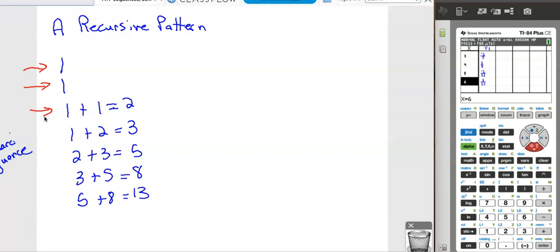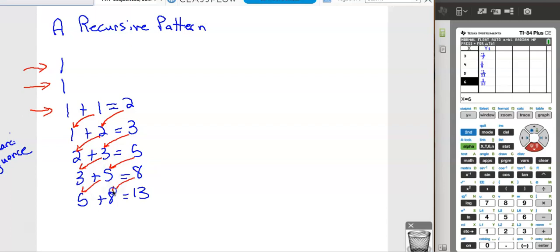And I want you to notice what's happening. Here I'm bringing this here, I'm bringing this here, and then I add those together, that's 3. And then I bring this here, and I bring this here, and then my next number, I add those together, that's 5. I bring this here, I bring this here, and I add those together, that's 8.